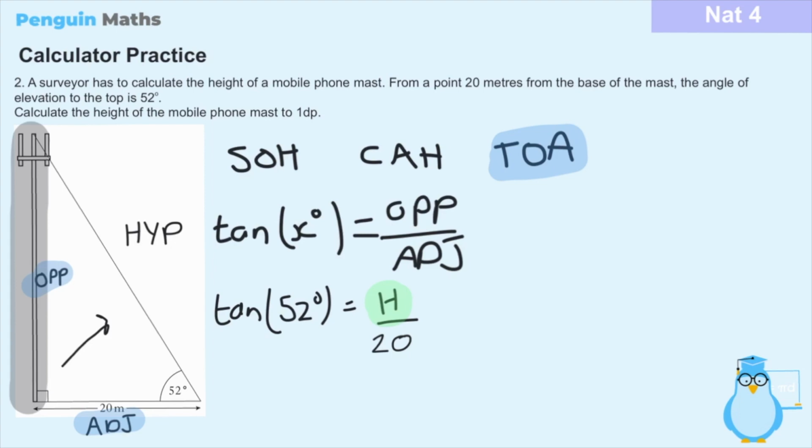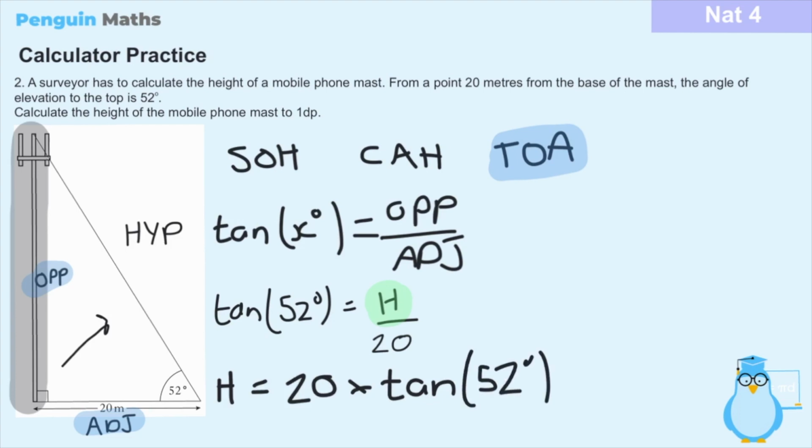So we can write that h, the height, is equal to 20 multiplied by the tan of 52 degrees. And if we put this into our calculator, we should get an answer that's equal to 29.59883 and so on. But remember, the question asks us to calculate the height to 1 decimal place.